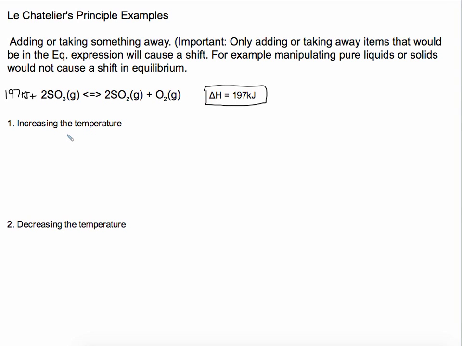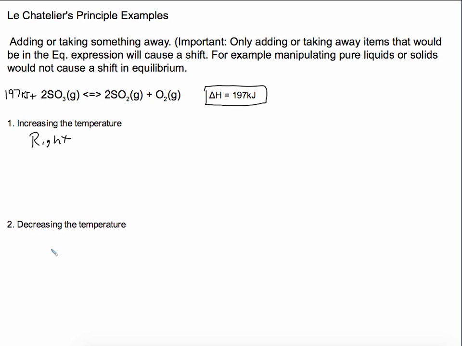Now, increasing the temperature, I know temperature is not like a physical thing, but you can think of it like increasing the temperature would be like adding more kilojoules to this side. So if you add more kilojoules, this reaction is going to want to lower the kilojoules, so it's going to shift to the right.